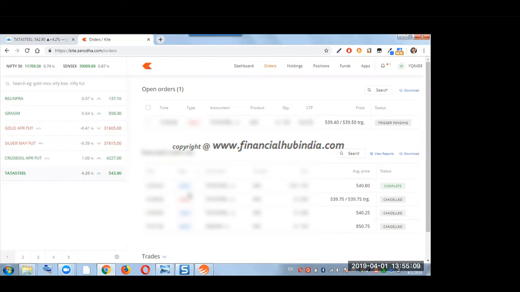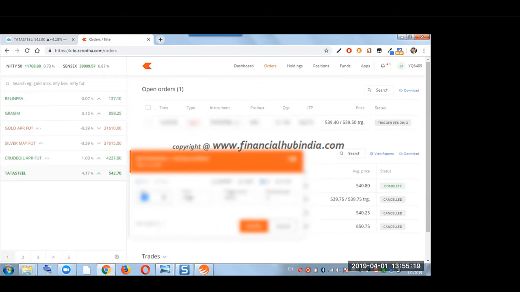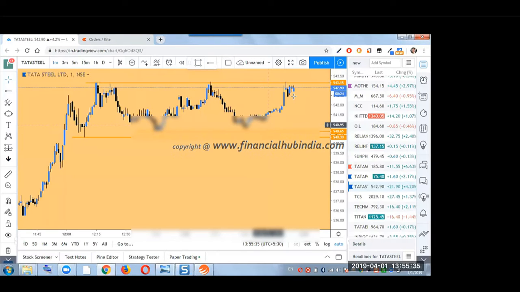Just a minute. We'll get back to the discussion once I trail the stop loss. 542. All right, so right now the stop loss is below this low.